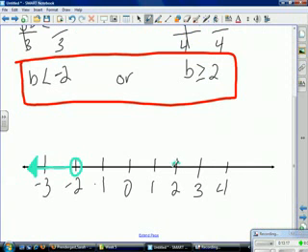Now for the inequality on the right, I'm going to go to +2 and draw a colored in dot because b is greater than or equal to 2. And then draw an arrow off to the right to show that b is greater than or equal to all numbers greater than or equal to 2. Okay? Is that what yours look like? Hopefully.